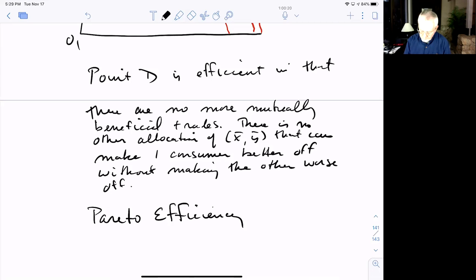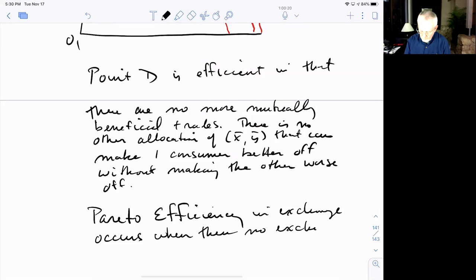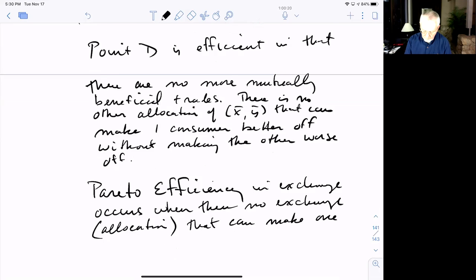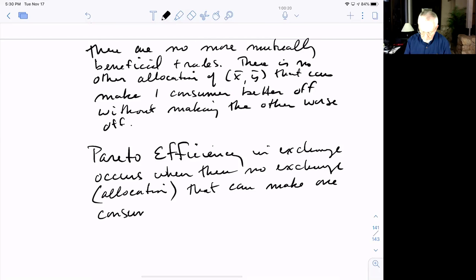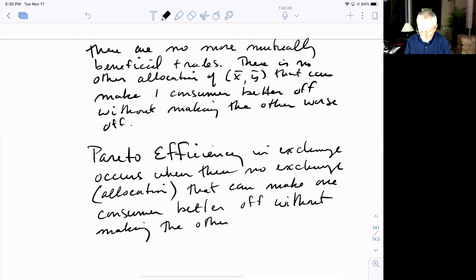Pareto efficiency in exchange occurs when there is no exchange, for that matter, allocation of the goods that can make one person, one consumer, better off without making the other worse off.